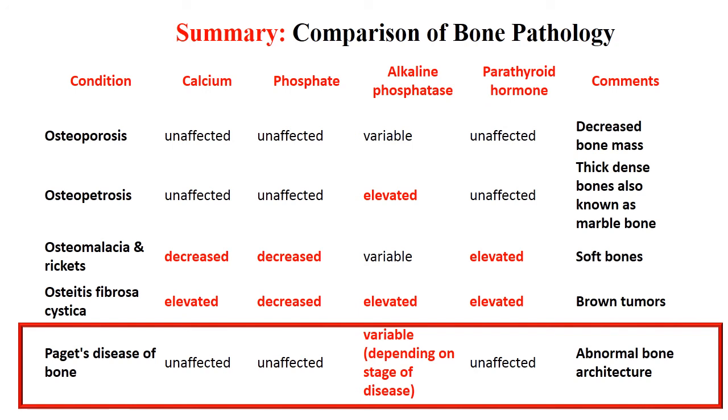There is increased calcium and alkaline phosphatase level while the phosphate level is decreased. In Paget disease, the parathyroid hormone, phosphate and calcium are unaffected while the alkaline phosphatase is variable depending on the stage of the disease.